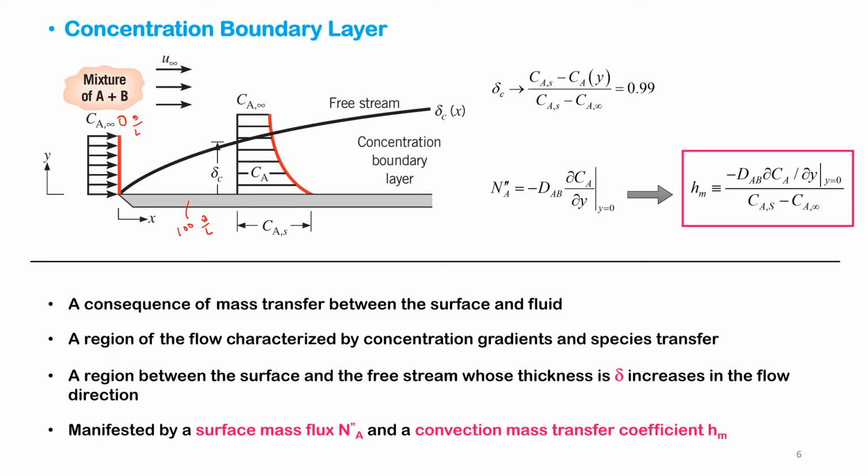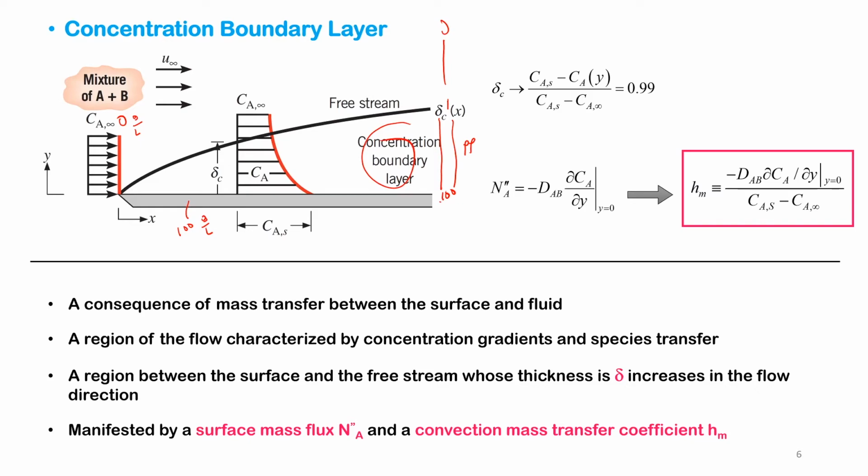As you can imagine, when you flow this pure water over the salt, there will be solubilization, there will be a gradient in salt concentration, and the concentration will change from 0 to 100, and 99% of the change in concentration happens in this region, and this is called the concentration boundary layer.